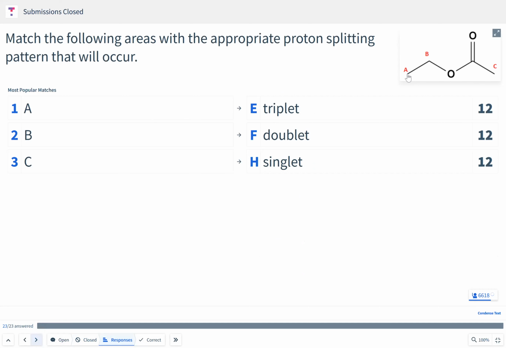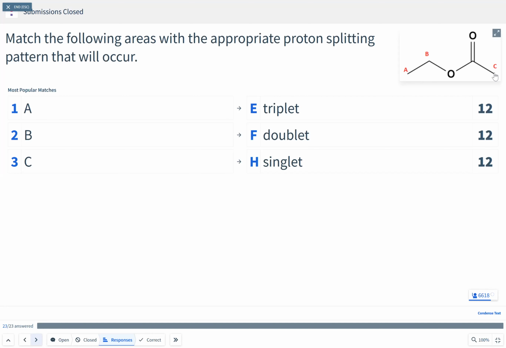And 2 plus 1 is 3, so that should give us a triplet. B has how many neighboring protons? 3. So that would give us 3 plus 1, which is 4. So that would give us what? A quartet. Yeah, so we should have triplet, quartet.